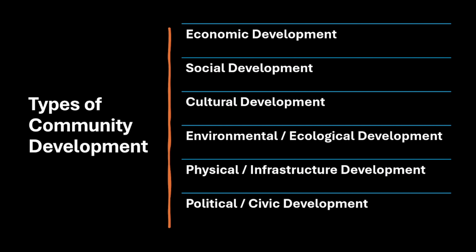What are the different types of community development? So community development is not a one-size-fits-all process. Depending on the local needs and priorities, projects may focus on different areas, and often these types overlap and support one another. To begin with, economic development.